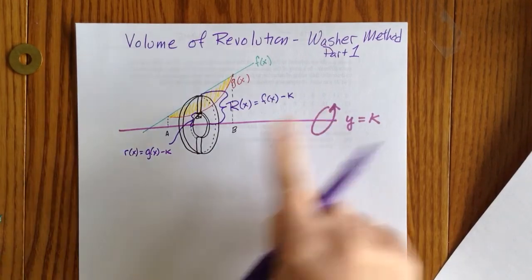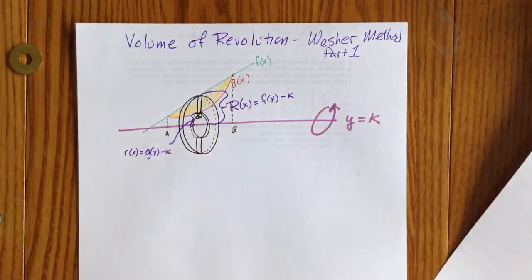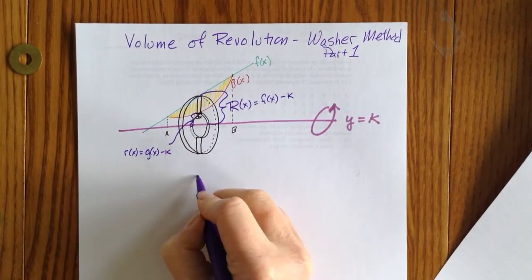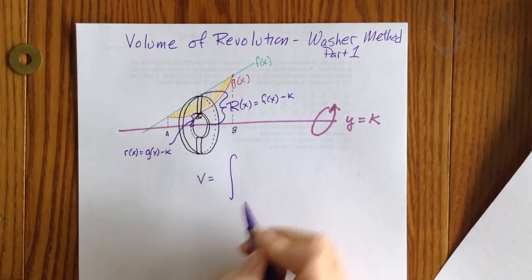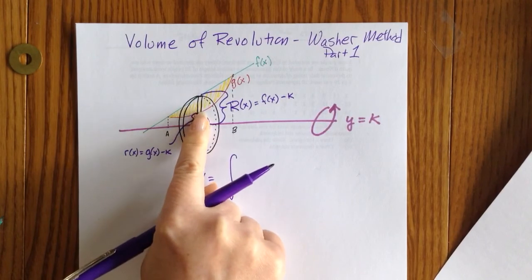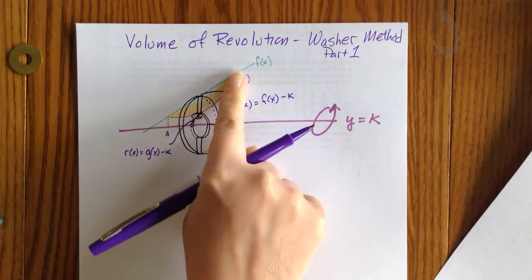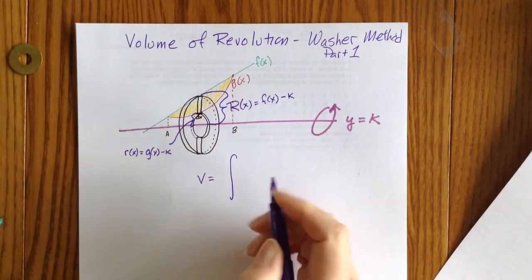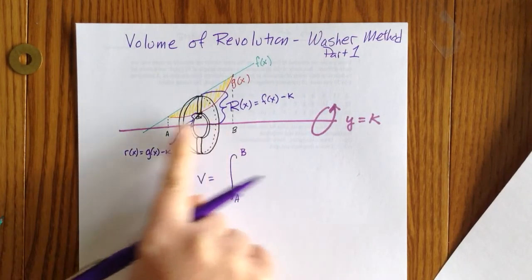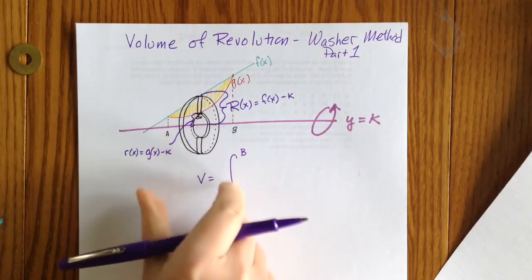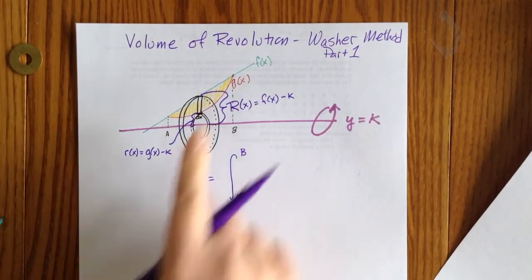So now that we have our radii defined, here's how we get the volume. Our volume will be, now each of these rectangles is going from A over to B. That's where the region is. So it's going to be integrated from A to B. Notice that these are on the x-axis if we drop them to the x-axis.